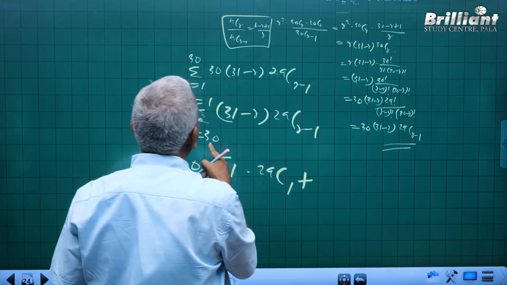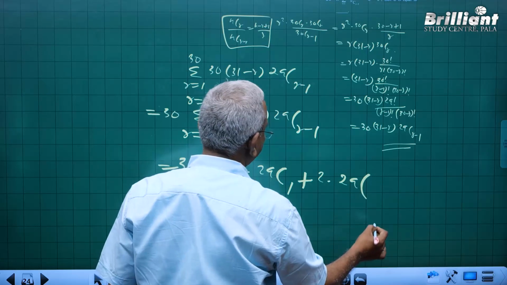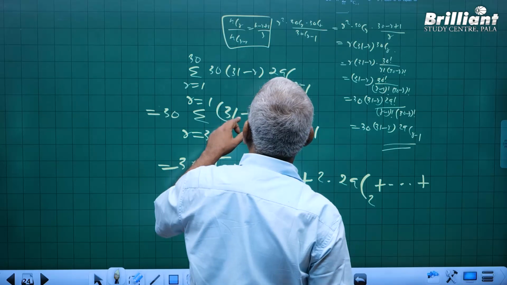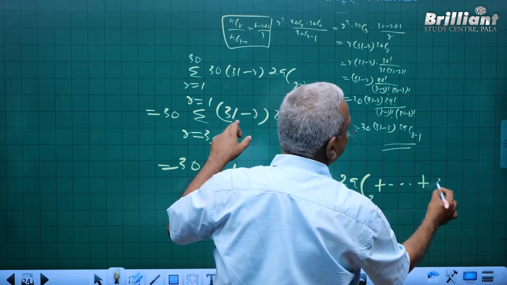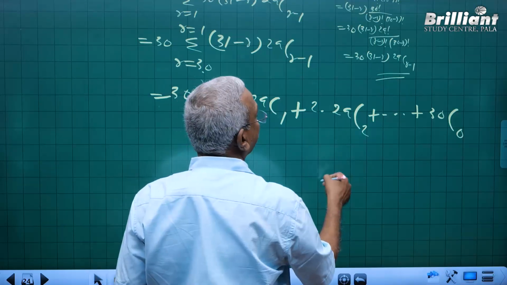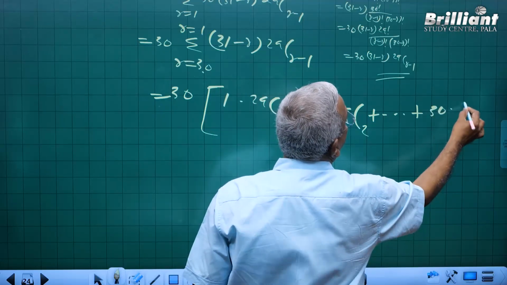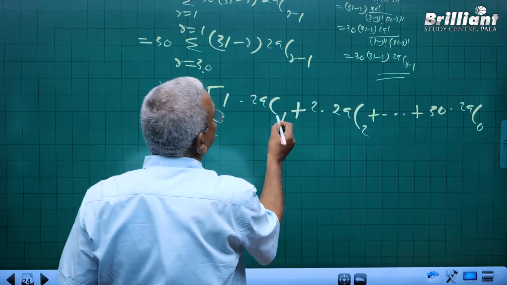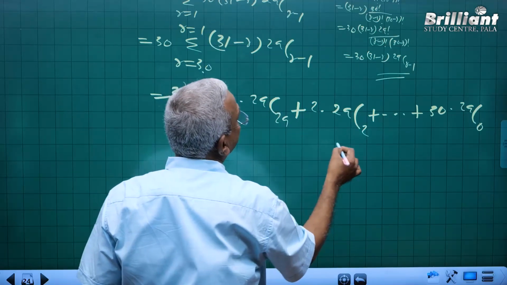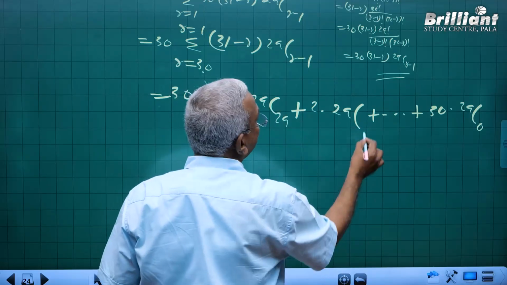Next term, when 2 is applied, that is 2 into 29C 2 plus etc. When you are replacing 1 here, it is equal to 30 into 29C 0. When you are replacing 30 here, it is 29, and this will become 28.